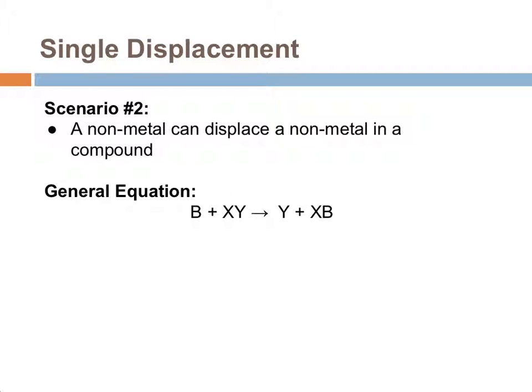Our second scenario is when a nonmetal displaces another nonmetal in a compound. So in this scenario, B and Y are nonmetals, and X is our metal.